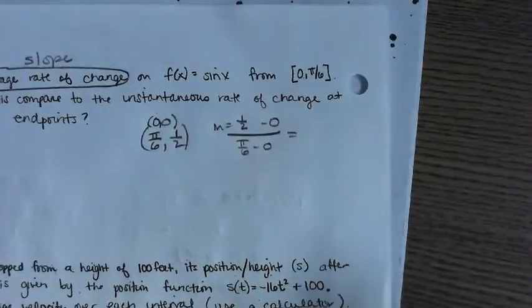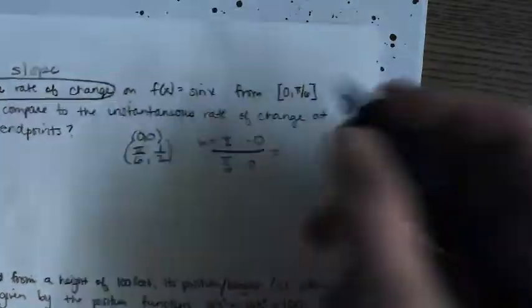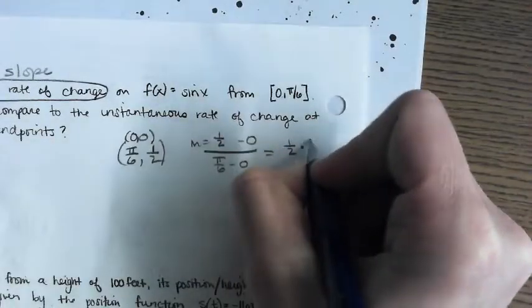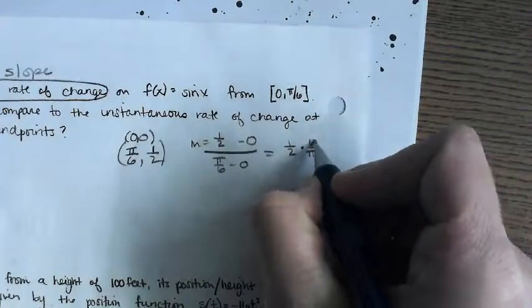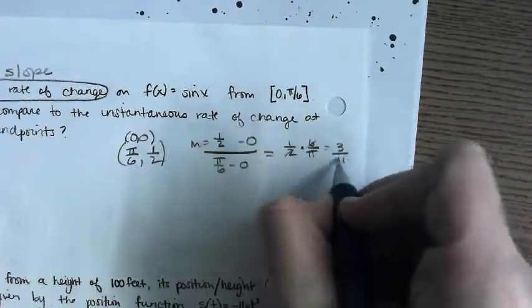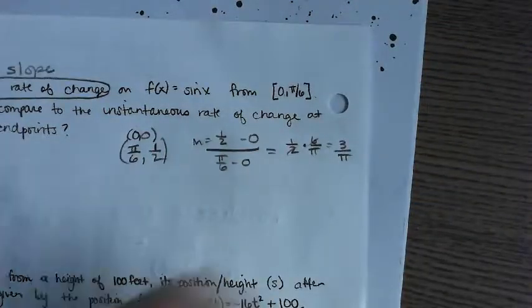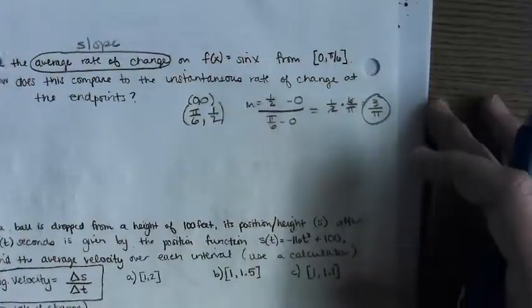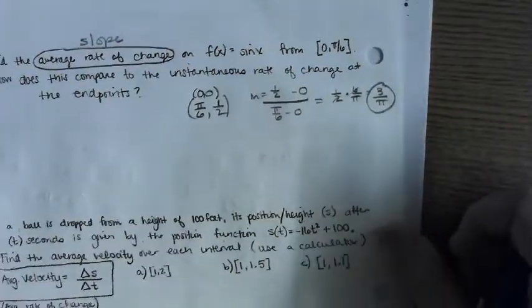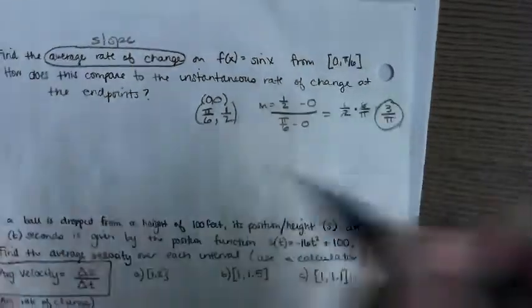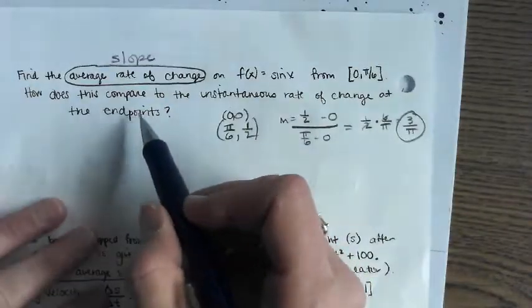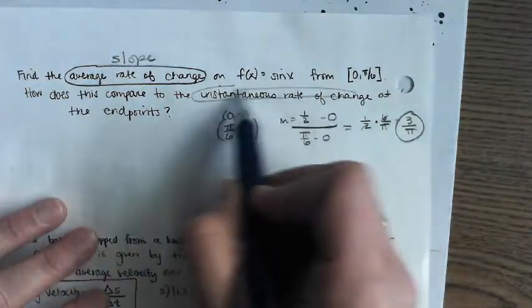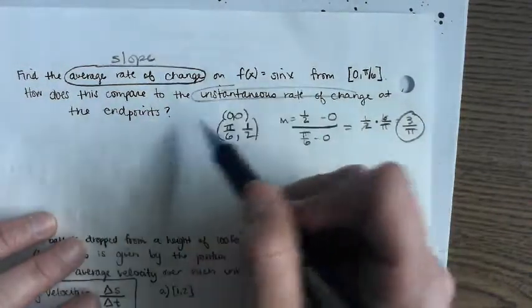So if I keep, change, flip, because that's just a fraction divided by a fraction, that's going to be 3 over pi. The average rate of change is 3 over pi. How does this compare to the instantaneous rate of change at the endpoints? So to find the instantaneous rate of change, that's the derivative. So we want the derivative at each of the 2 endpoints.